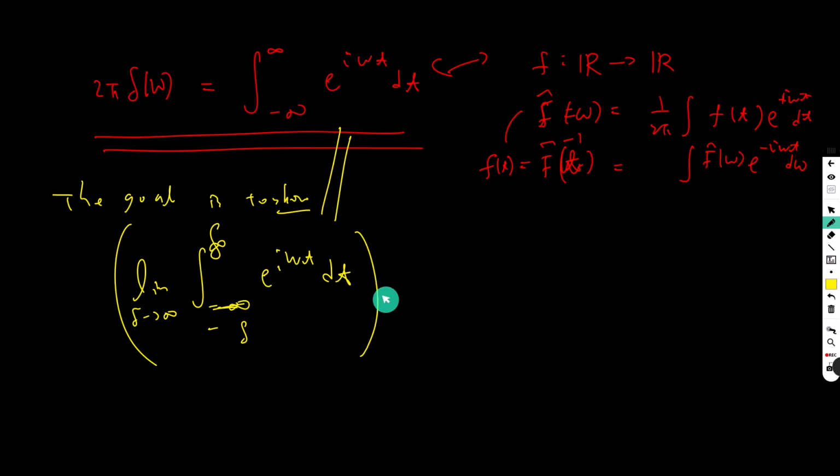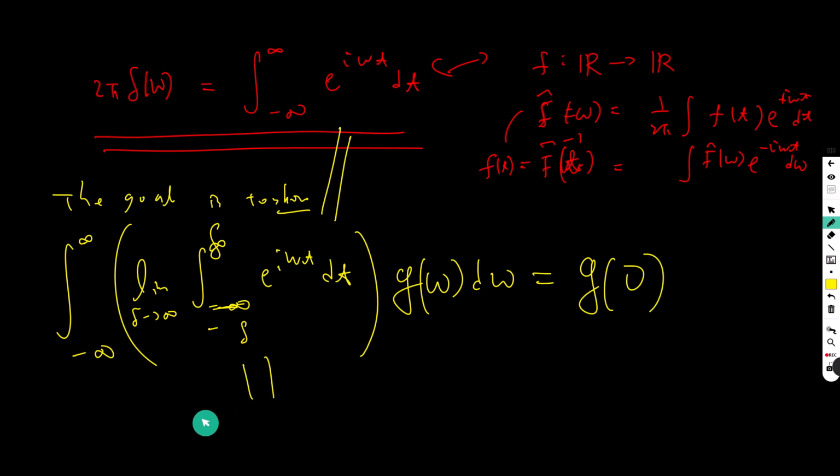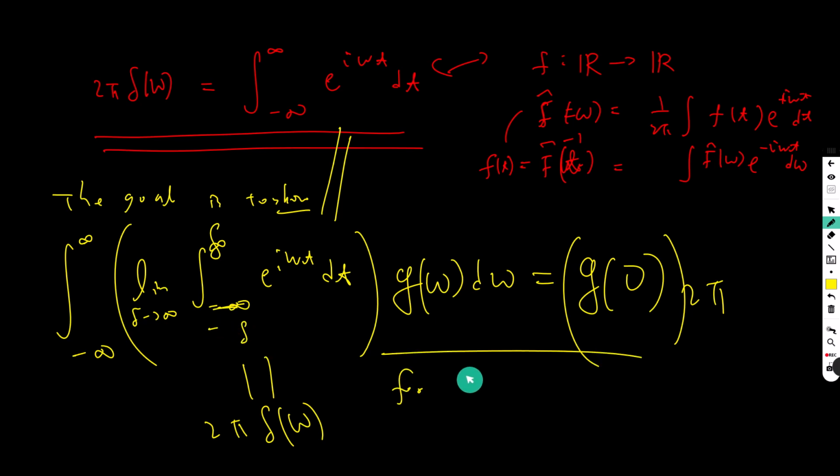By definition, the most important one is the integral one: you multiply by g of omega d omega, integrating from negative infinity to infinity, and this gives you g of 0. Because of the property of 2 pi delta omega, you get this 2 pi. So the goal is that if you can prove this formula for any well-behaved function g, then you have proved that this serves as delta omega.